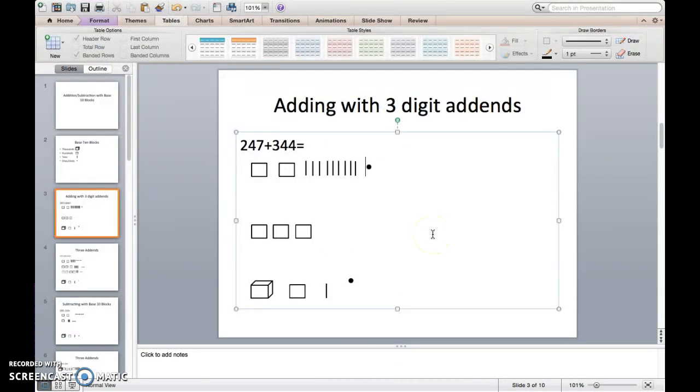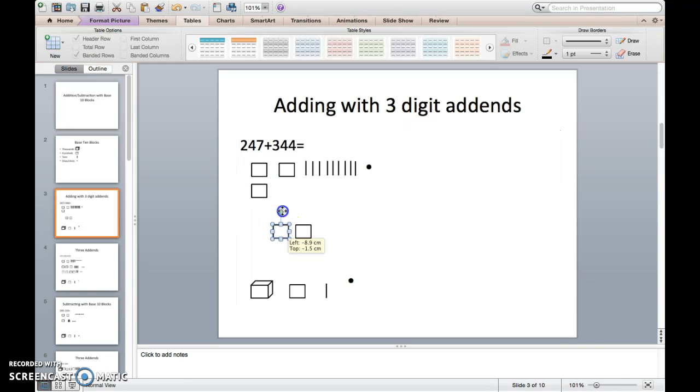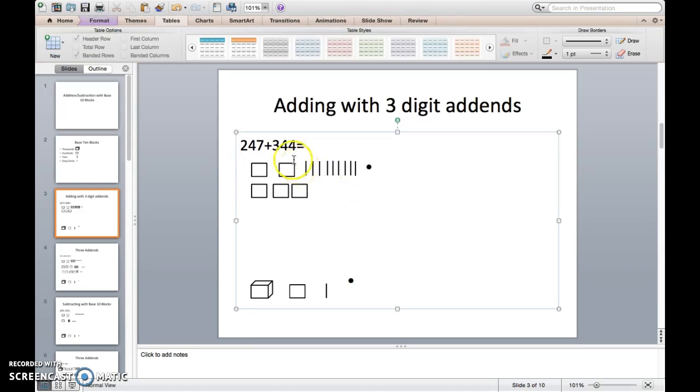As you can see, I have moved up the 1 in the units place to join the rest of the number, and I'm going to now add my hundreds, 3 hundreds plus 2 hundreds, and in total the sum is 5 hundreds. 5 hundreds, 9 tens, and 1 in the units place. So my answer would be 591.